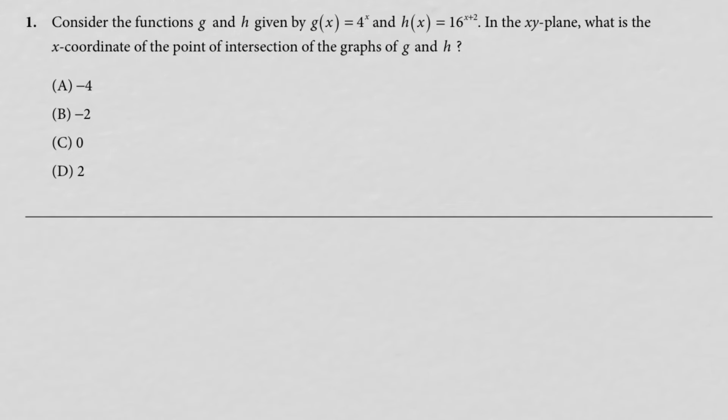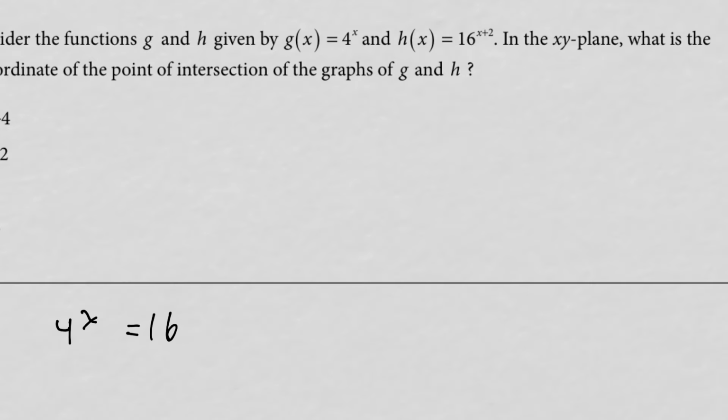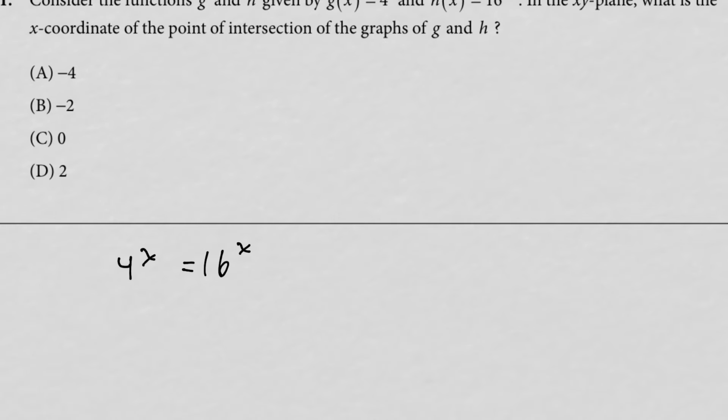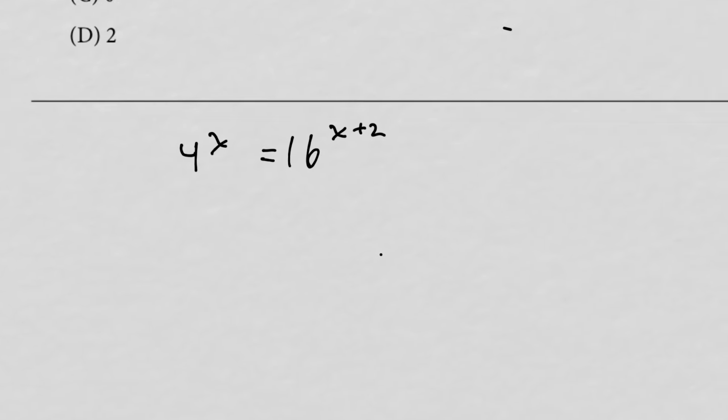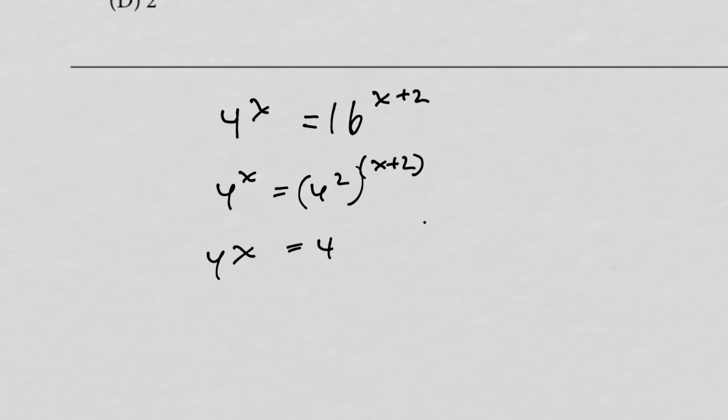So the point of intersection happens when, for the x value, the function values are equal to each other. So we're basically solving the equation 4 to the x equals 16 to the x plus 2. Now we don't need logs for this because we can write 16 as 4 squared, and then we can use the rule that you multiply exponents together when you're raising a power to a power.